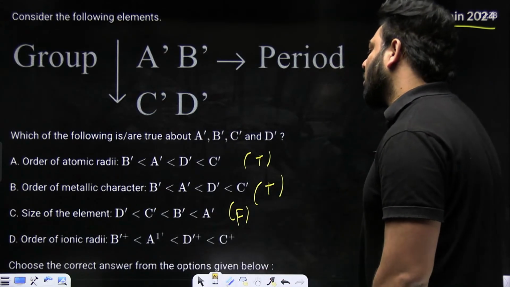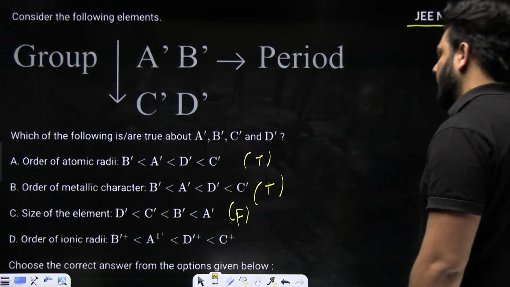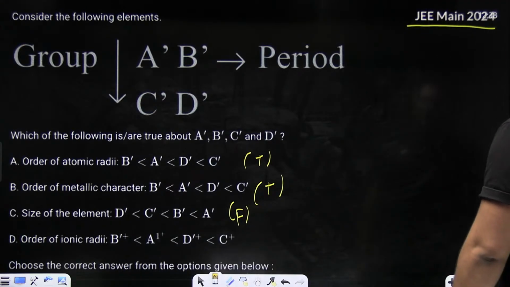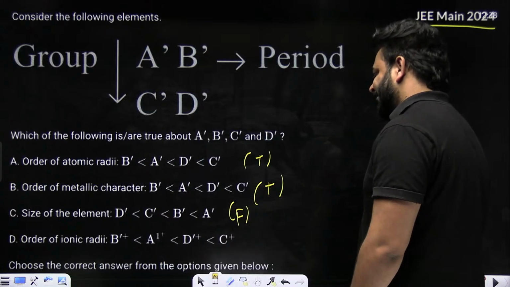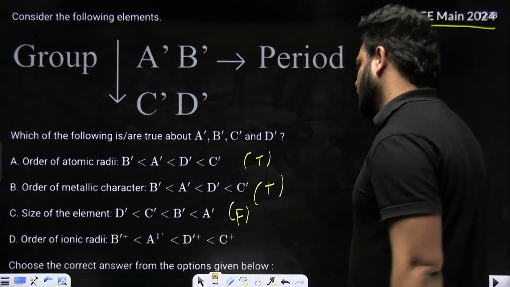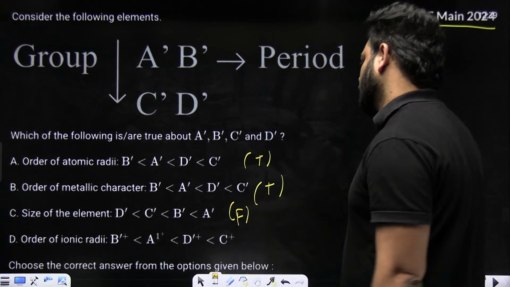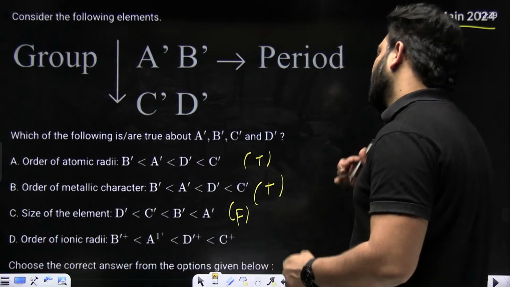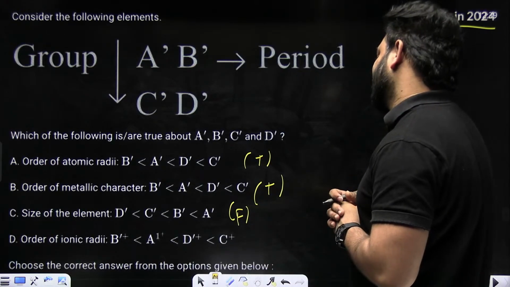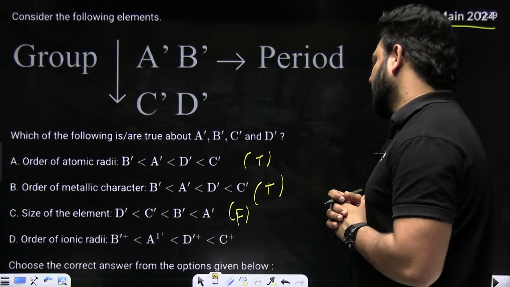Then the order of ionic radius: C positive, B positive, A1 positive.